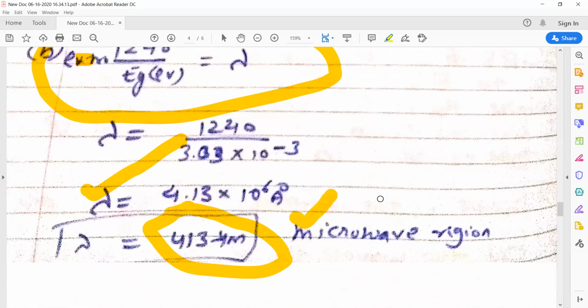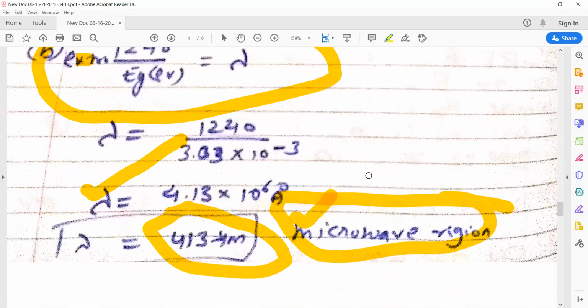So this is also a very important question, because anybody can ask it. It may not have been asked in various exams, but the question can arise: in which region should the wavelength be so that the Cooper pair can be broken?